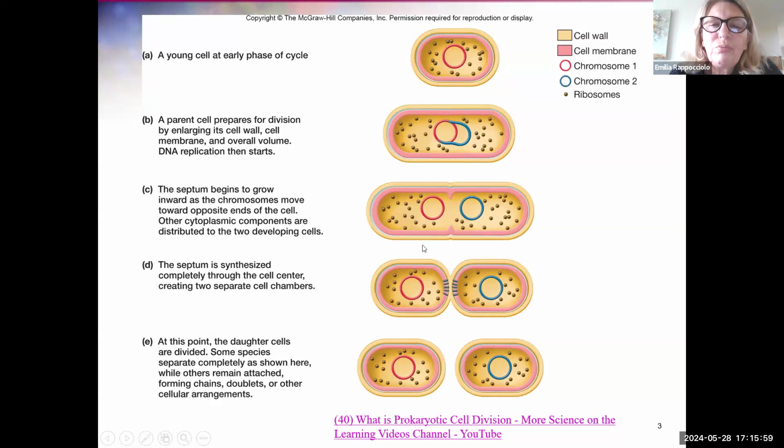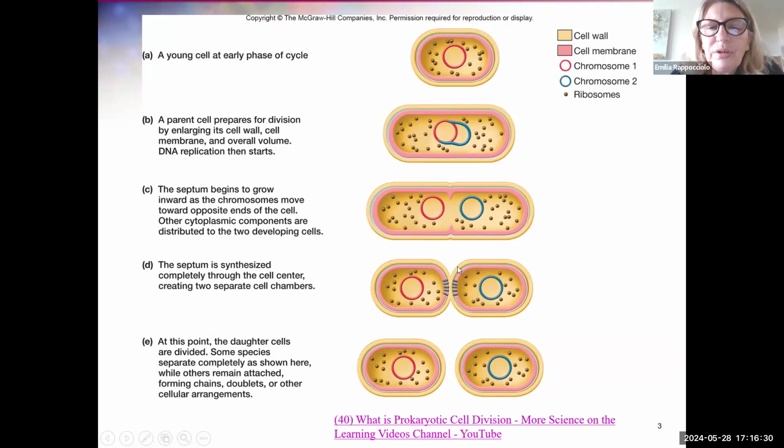And then these 2 chromosomes are located in 2 separate parts. The cell membrane and the cell wall start growing towards the middle, invagination of these structures until you have a new cell wall that is built. This structure here that forms is called the septum, yeah?